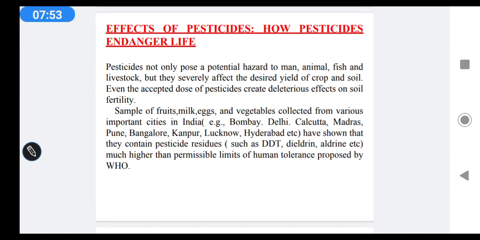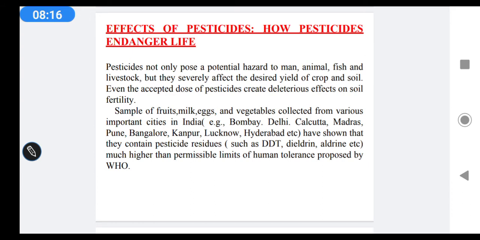Pesticides not only pose a potential hazard to man, animals, fish and livestock, but they also severely affect the desired yield of crops and soil. Even the accepted dose of pesticides creates a deleterious effect on soil fertility.